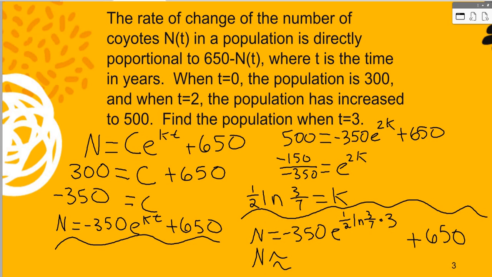What do we get? 551.802, and we are in coyotes. You could also go ahead and round that to 552 coyotes if you don't want a part of a coyote. I mean, it's the majority of a coyote. It's 0.8. Okay. It got its tail cut off or something. I don't know.